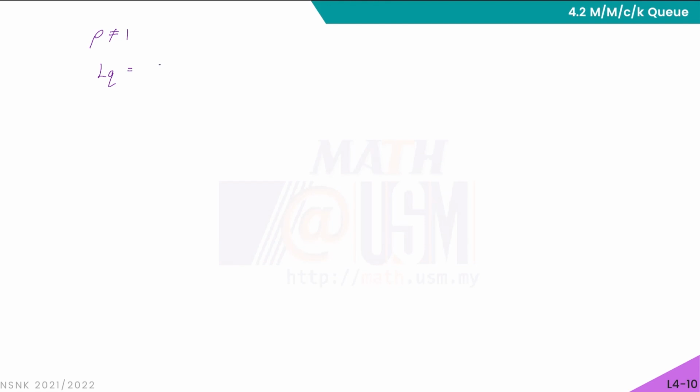So for your LQ here, the summation of i equals c until K of (i minus c) pi i, which is basically the same as i equals c plus 1 until K, because the first term when i is equal to c will get cancelled.